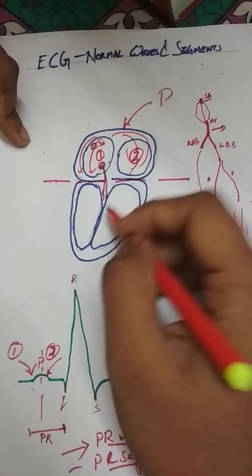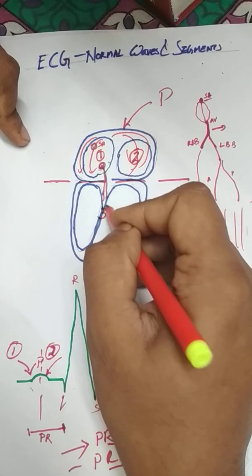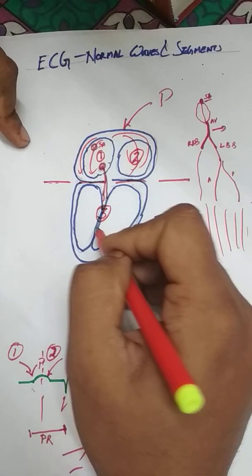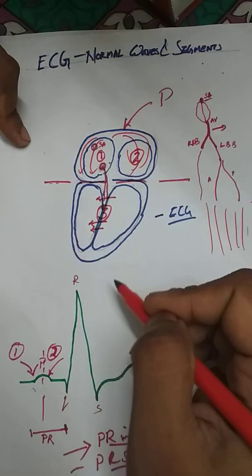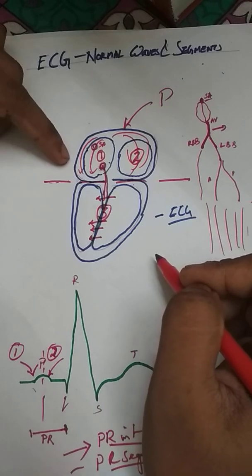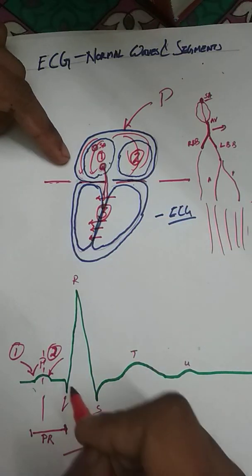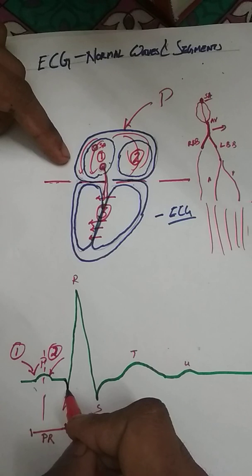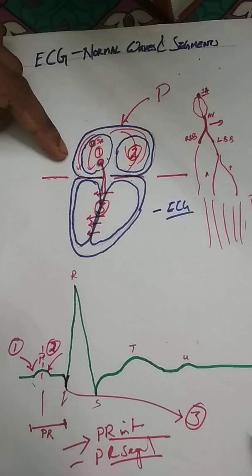Then it depolarizes the interventricular septum, which is the third change. The depolarization takes place from left to right direction, and this depolarization of the interventricular septum is represented in the ECG by a small negative wave, which is the Q wave.